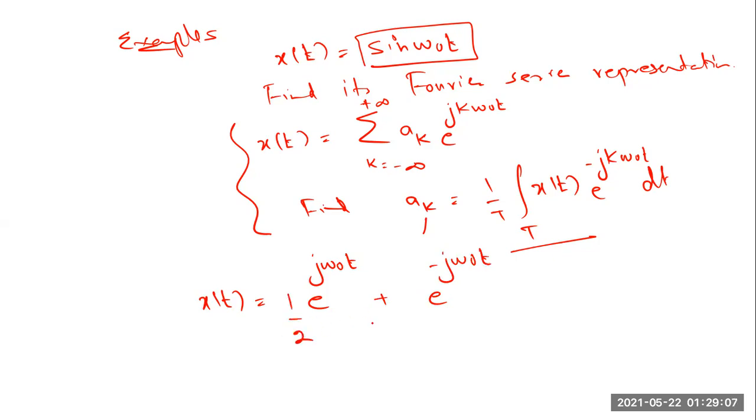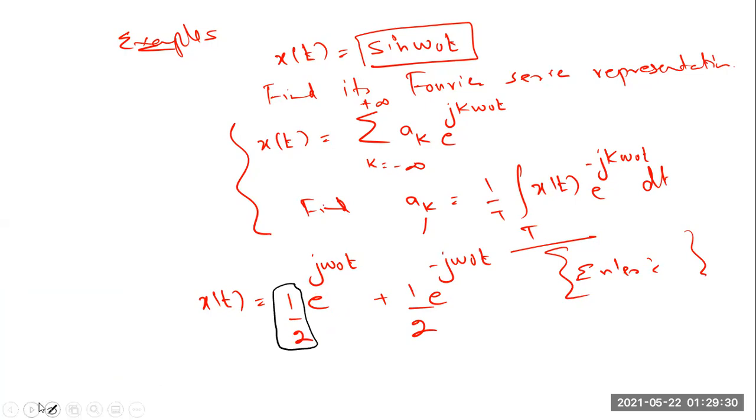So I can take a 1 by 2 factor over here and 1 by 2. This is using Euler's relation. And now you can clearly see that we have represented our signal in terms of our complex Fourier series. And these are the coefficients.